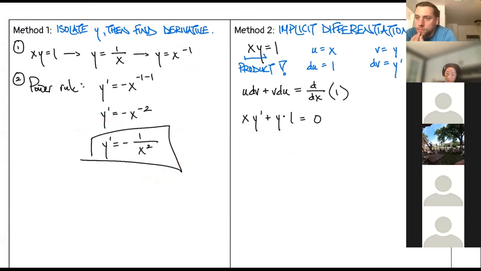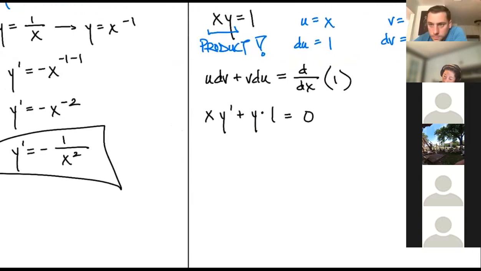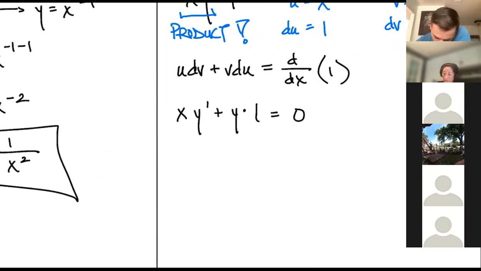Well, turns out that in order to show the same answer, we need to do a little bit of substitution and we need to isolate our y prime, okay? So I'm going to go ahead and get y prime by itself over here. If I'm going to get y prime by itself, I'm going to subtract this y and move it to the other side.